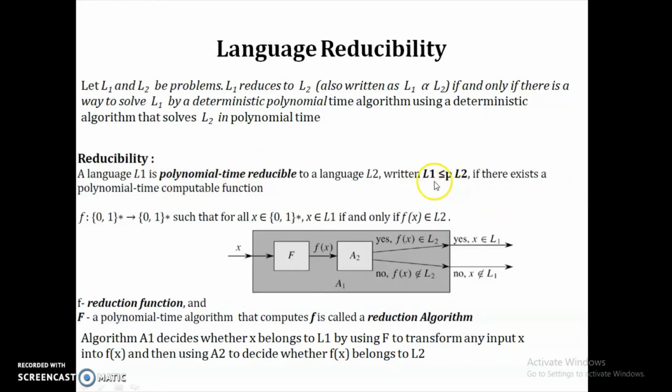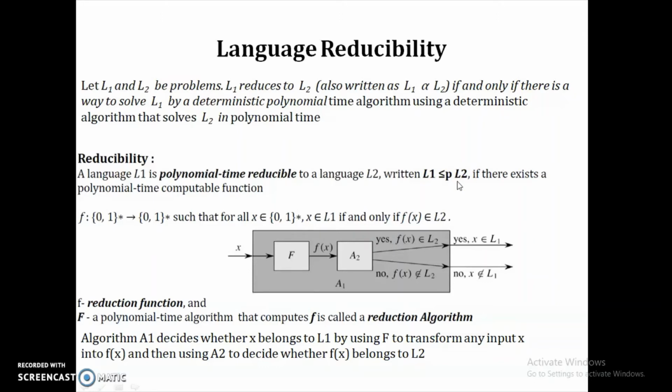We can represent this as L1 ≤p L2, or say L1 reduces to L2 if and only if there is a way to solve L1 by a deterministic polynomial time algorithm using a deterministic algorithm that solves L2 in polynomial time. I am solving L1 by using L2's algorithm. So we can write it as L1 reduces to L2 in this way, or L1 is polynomial time reducible, in case it can be done in polynomial time, right?